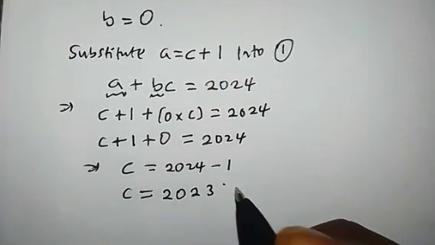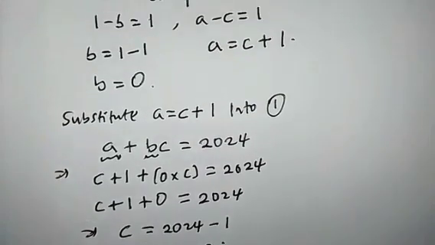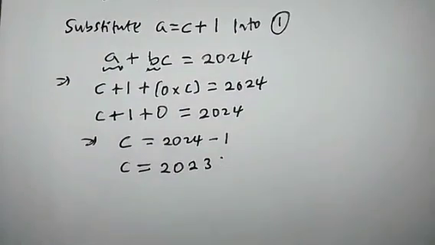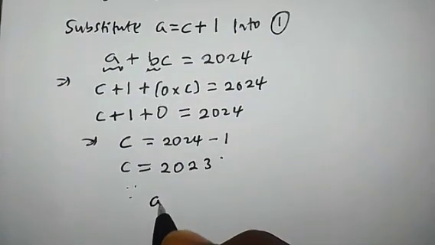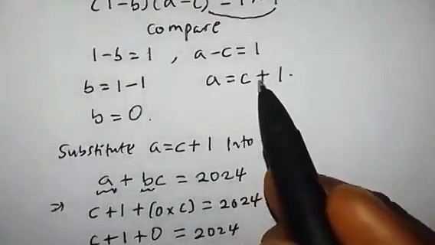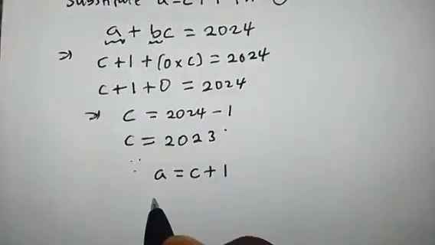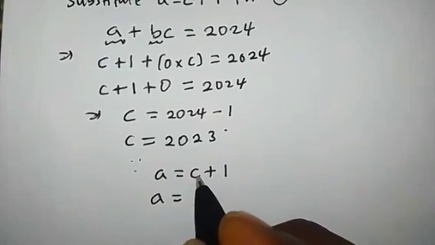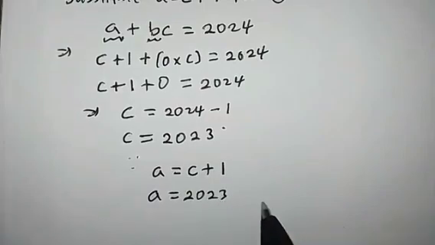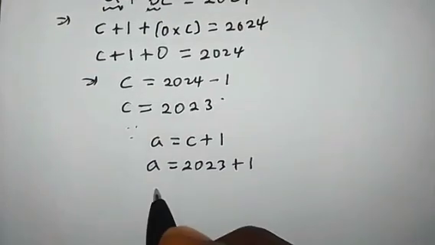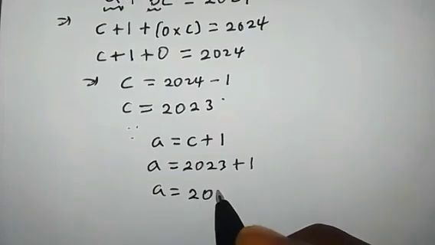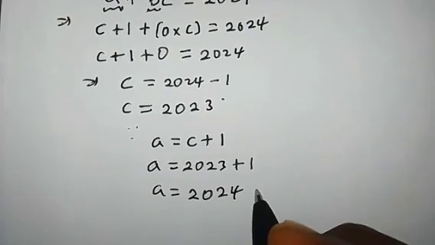This is the value of C. What is left now is to find the value of A. Since A equals C plus 1, from this line, A equals, in place of this C now, we write 2023 plus 1. A equals 2023 plus 1, that is simply 2024. This is the value of A.